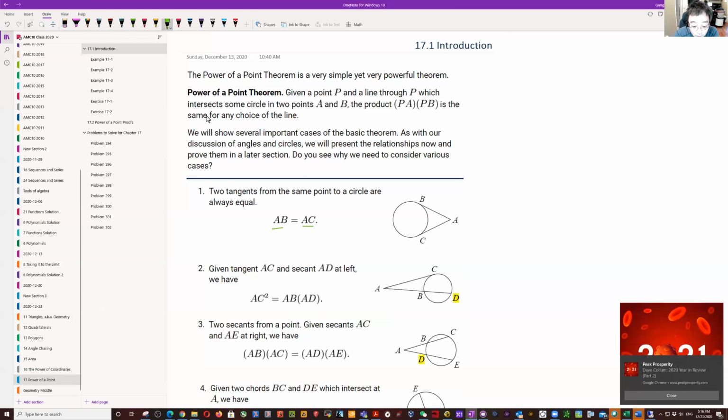So AB equals AC. When a tangent line intersects the circle at the tangent point, you can draw a radius toward the center, and that radius is perpendicular here. So the radius touching the single point on the tangent line is always perpendicular to the tangent line itself.